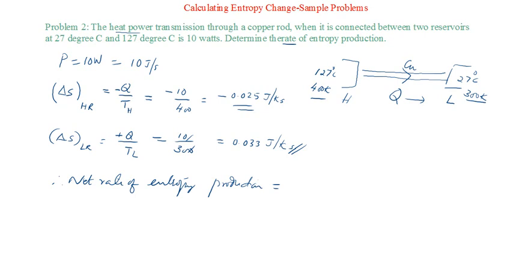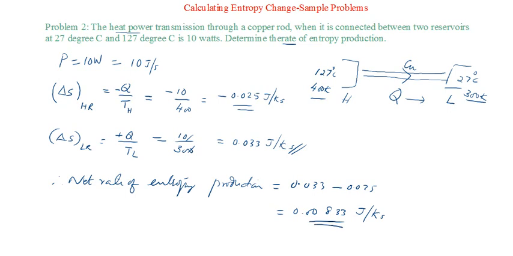So what is the net rate as far as both the reservoirs are concerned? That will be equal to 0.033 minus 0.025, which is equal to 0.0000833 joule per Kelvin second. So that is the answer.